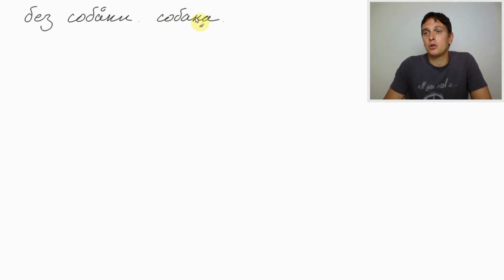So if you search in the dictionary for without and the dog, for an English speaker it would be kind of fine to put without dog, без собаки. But for Russians, без comes only with genitive. Without whom, без собаки.